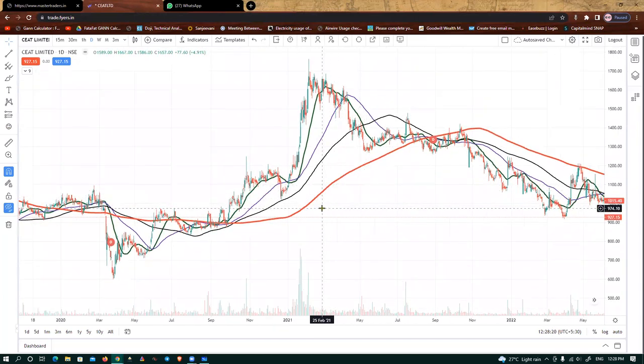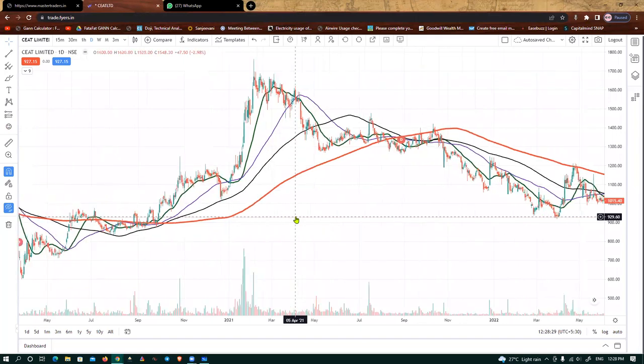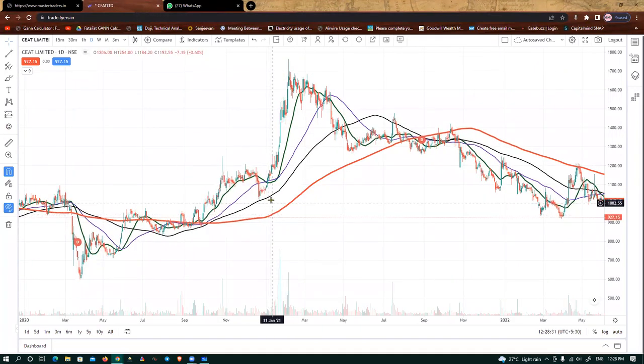Now you can see it was plotted. If you want to invest long term, then only you must see the biggest, the 200 moving average. If you want to invest for a short term, just look at the 50 moving average. If price is higher than the 50 moving average, that is enough. And this is where the steepness started, right?